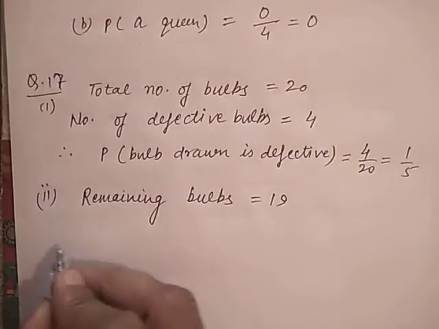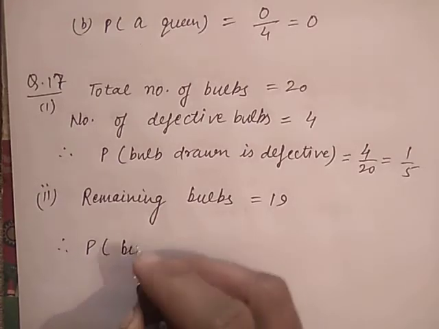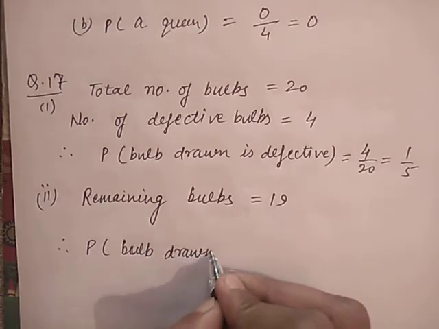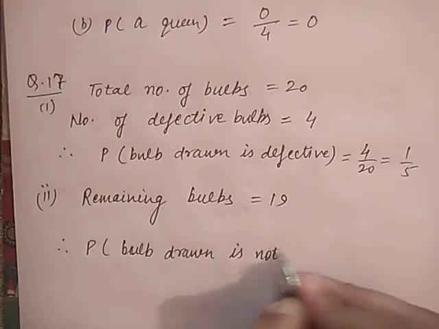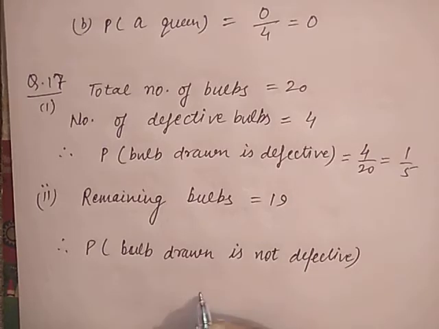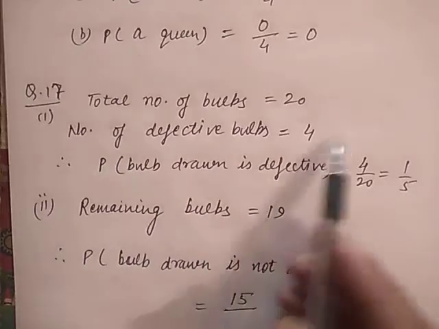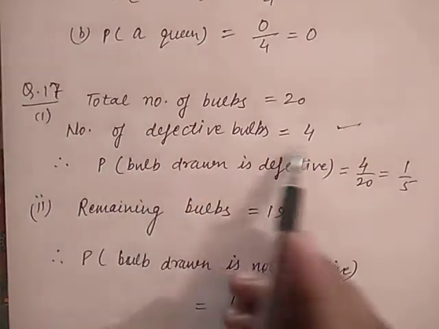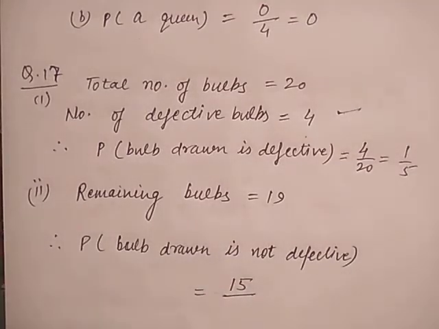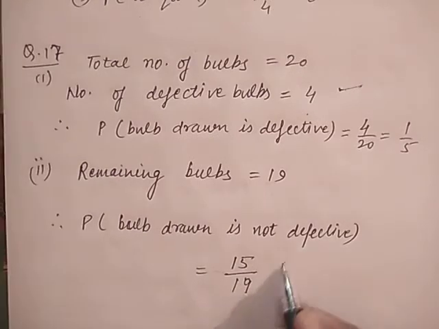So the probability of the bulb drawn being not defective will be equal to 15, because the number of defective bulbs is 4, so the number of non-defective bulbs is 16, but one bulb is drawn, and for the second case the bulb drawn is not defective, so the remaining will be 15. So 15/19. Okay, so that is the answer.